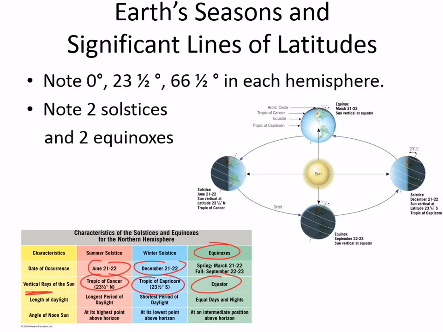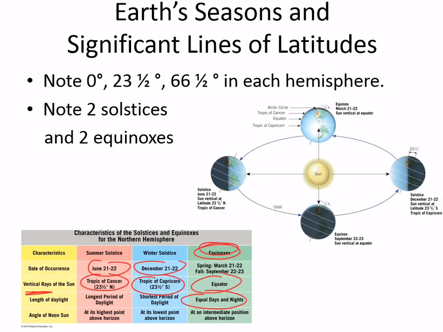Now, I'll pick on equinoxes. The reason they're called equinoxes is that here, and 6 months later, we call this spring, right? This is the spring equinox. That sheet of light that's coming from the sun, as the Earth spins, all latitudes get equal daylight and equal nighttime. That's why they're called equinoxes. 12 hours of light, 12 hours of dark.